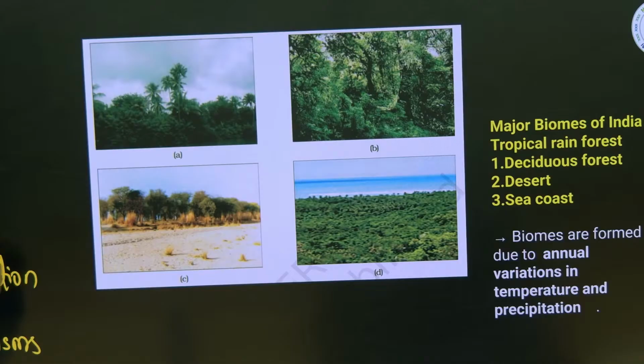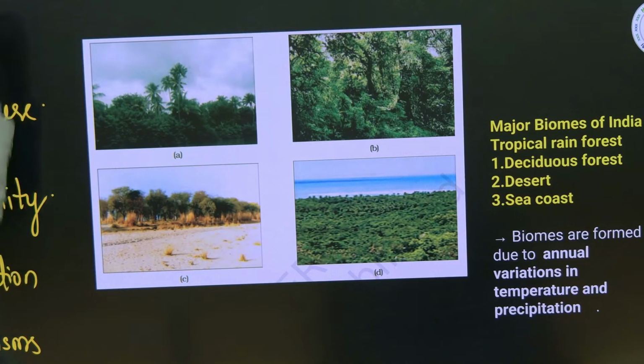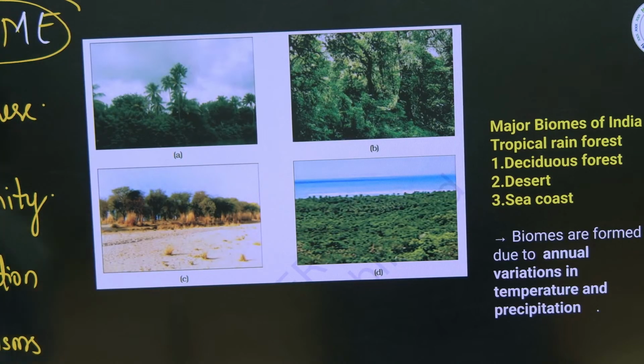Different populations coexisting give you a community. Different communities will form biospheres. Biospheres turn up to form the largest biome. So, biome is the topmost hierarchy in ecology.